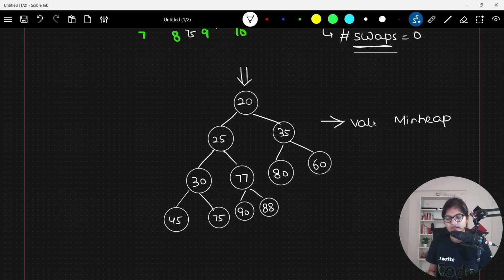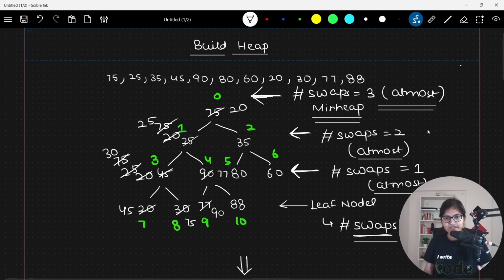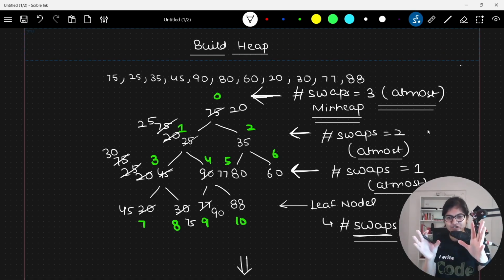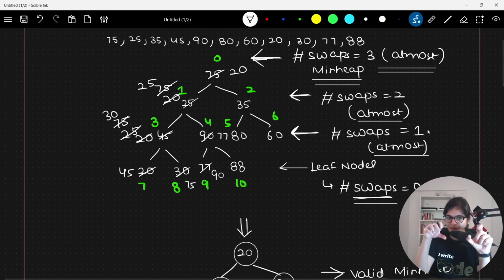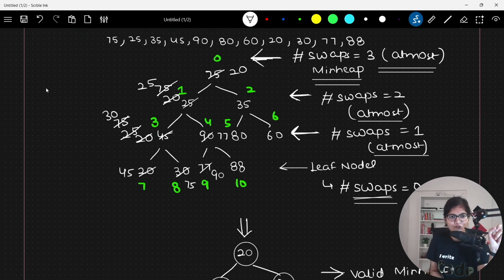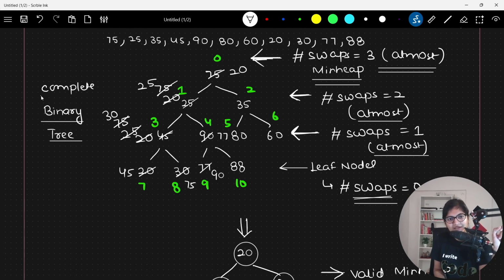Perfect. So this is how basically any creation of min heap will happen. What are the steps that we have seen in a nutshell? First of all, we are trying to write the numbers as they are in the form of a complete binary tree, or a CBT.